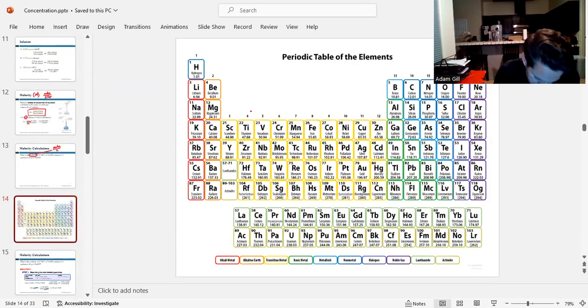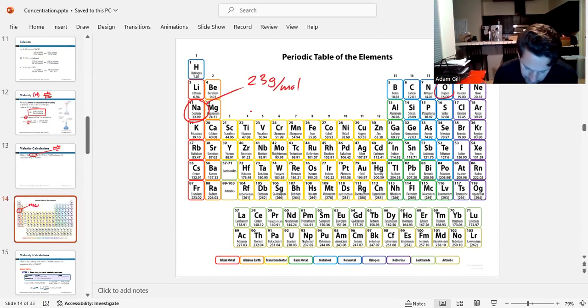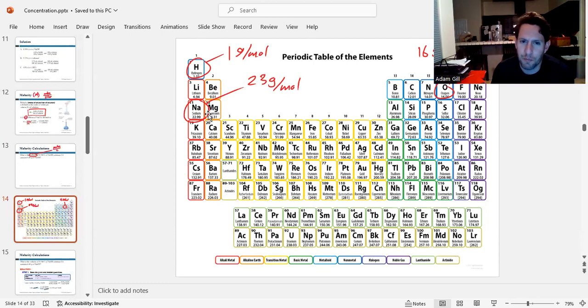And we can see that sodium here is, we'll call it 23 grams per mole. Oxygen is 16 grams per mole. And hydrogen, we'll just say it's 1 gram per mole. I'm rounding to make this fast and easy. On the exam, use all the decimals.